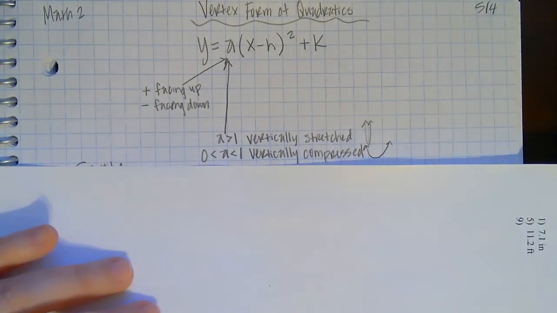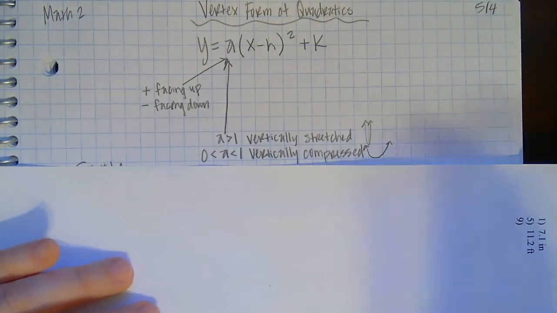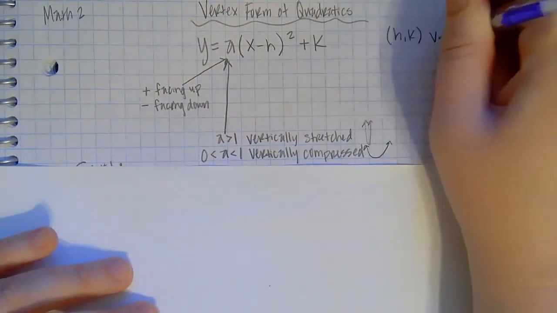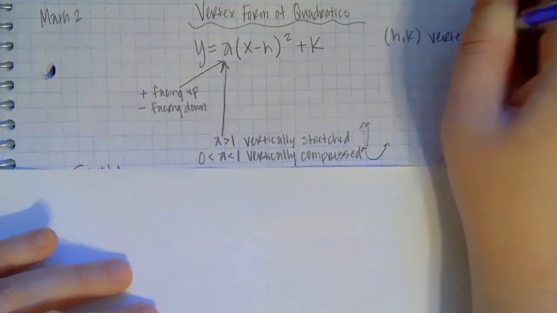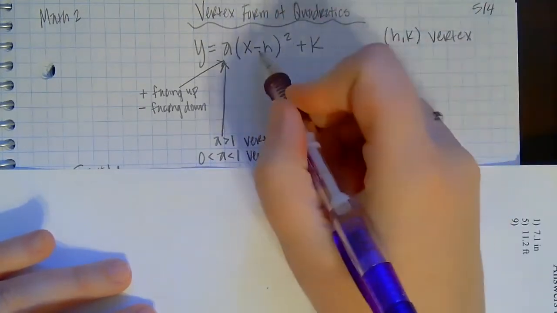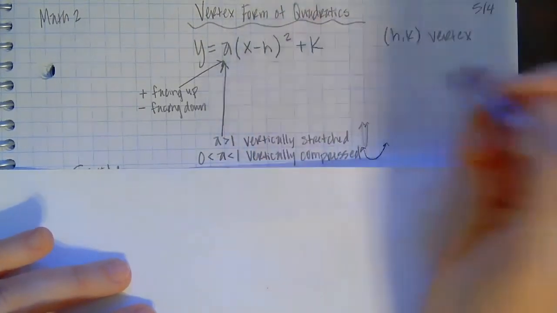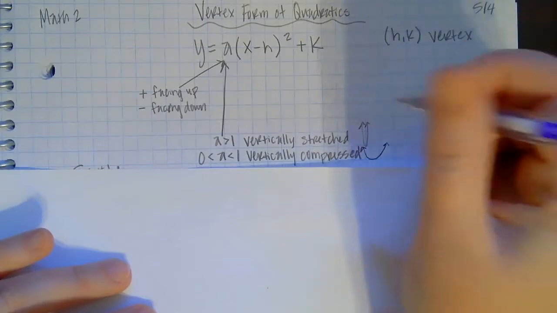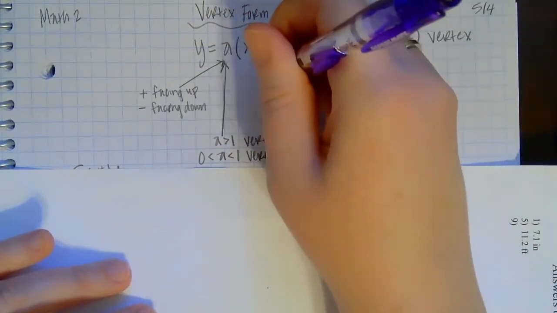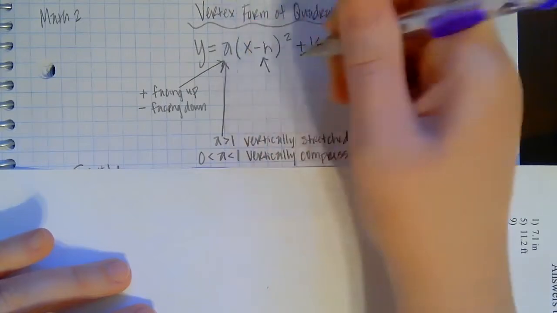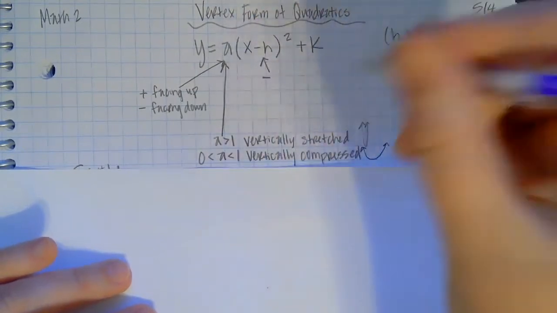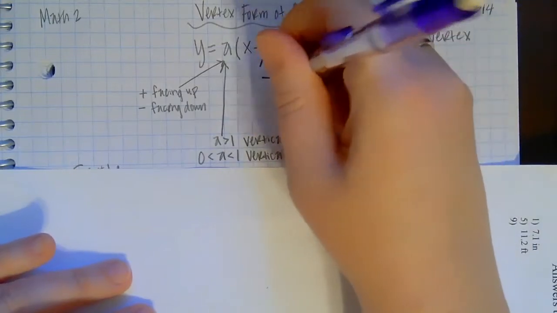All right. Now, the h and the k, that's the vertex. It's where the vertex is. Okay? So notice that it says x minus h, right? So if it's subtracting something, then it's actually going to move to the right.